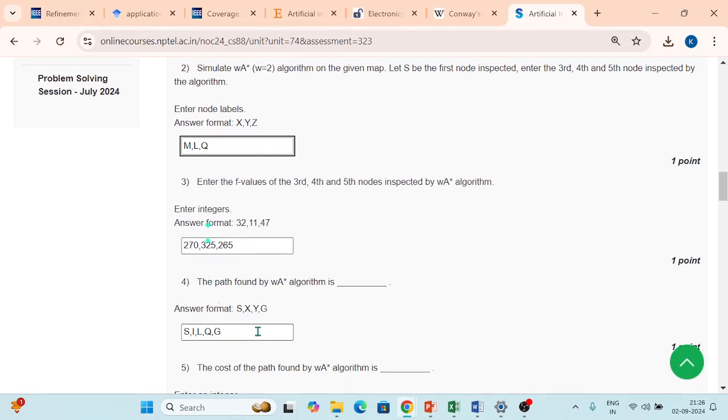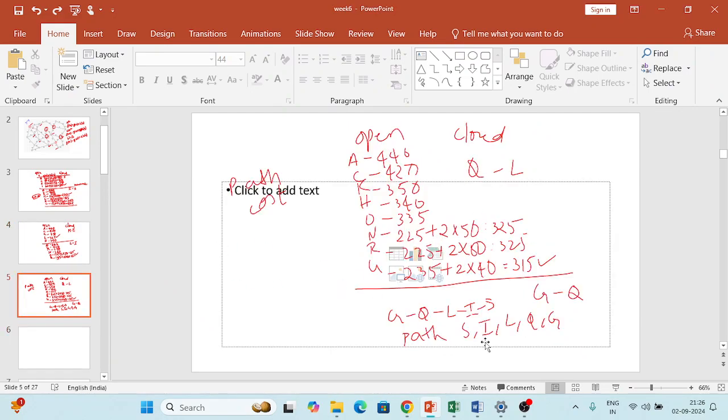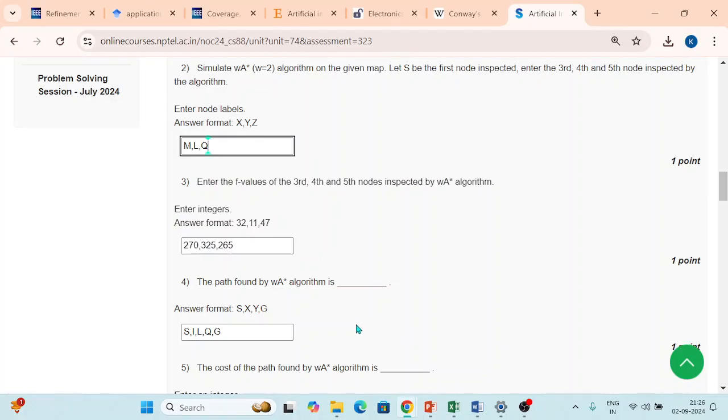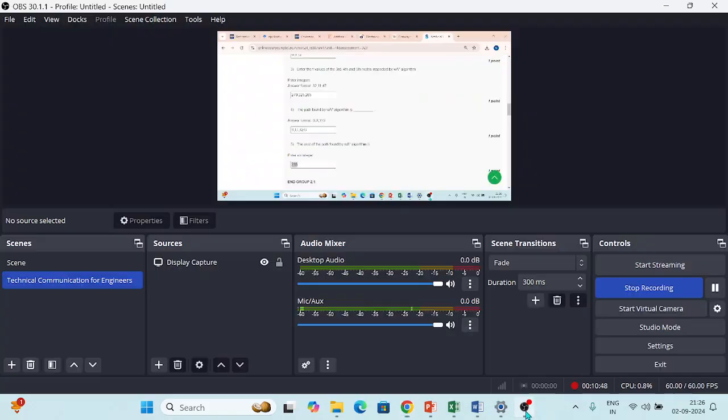The path is S, I, L, Q, Z, and the path cost is 235. Okay. Thank you.